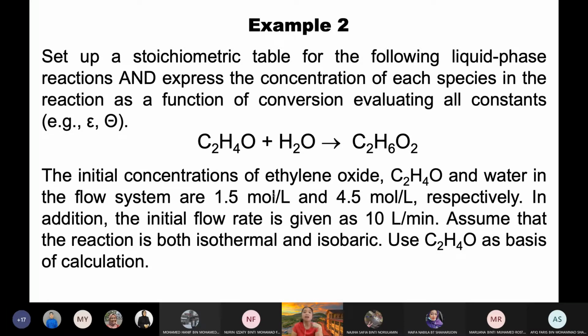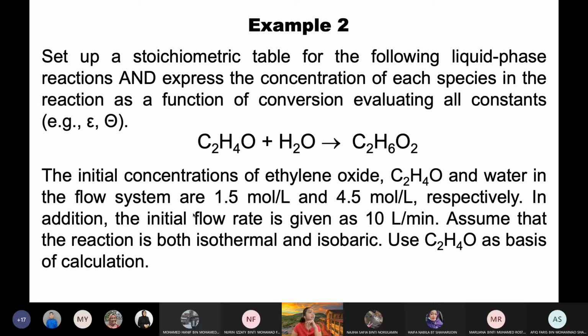So 1.5 ni adalah Ca0 sebab your A is ethylene oxide. Ca0 1.5, Cb0 4.5. So how I know is not? Sebab dia kata initial concentration. So Ca0 1.5, Cb0 4.5 mol per liter.